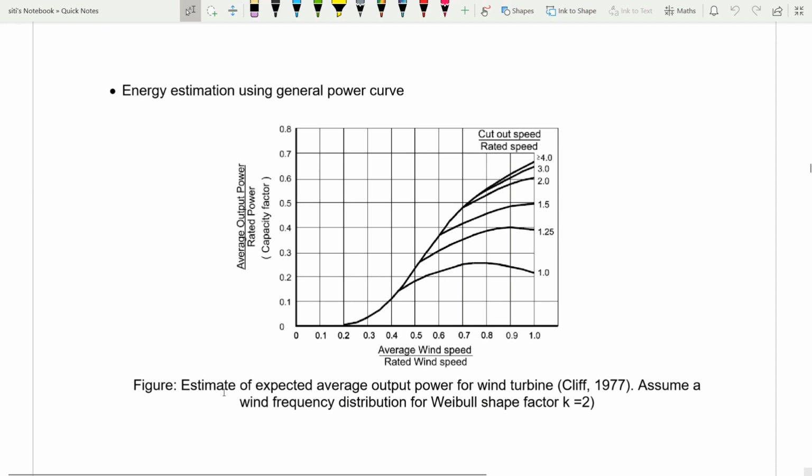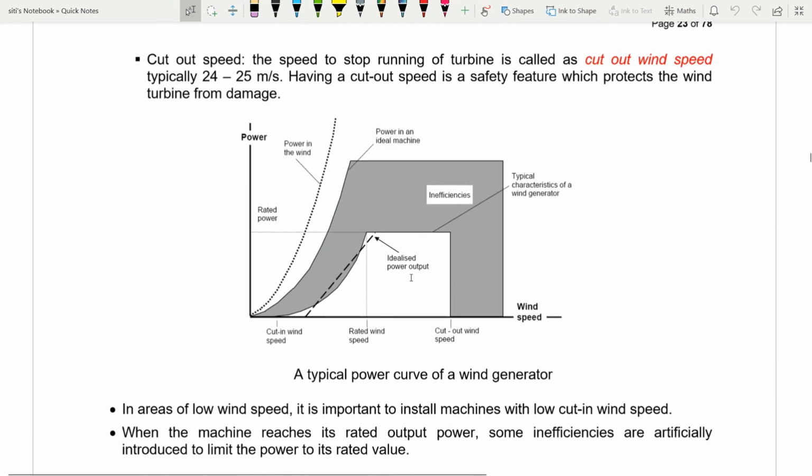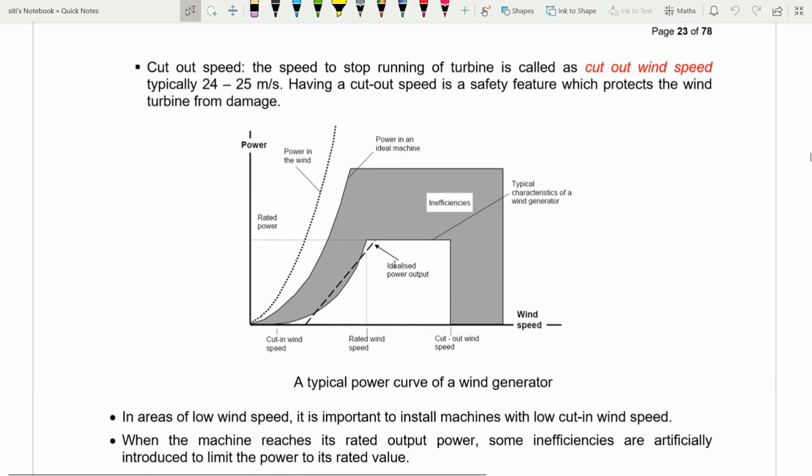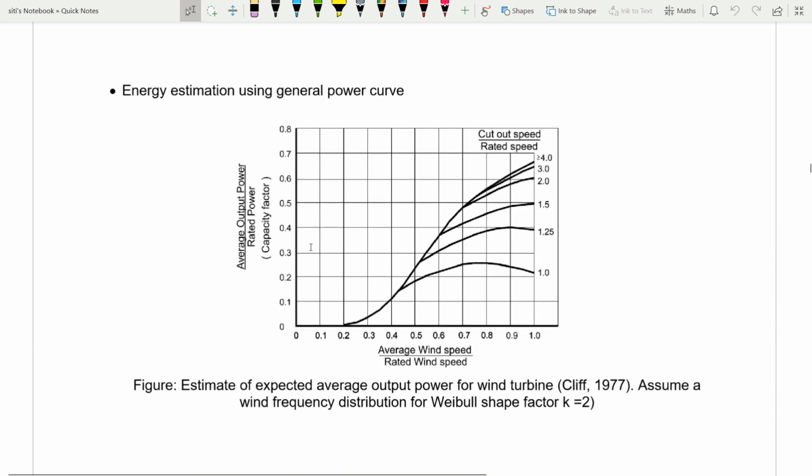This figure estimates the expected average output power of a wind turbine, assuming a wind frequency distribution with Weibull shape factor k equals 2. This is one example of the power curve. Another one is in this shape. So we have two power curves. Sometimes it is represented as power versus wind speed, and another by using this curve.